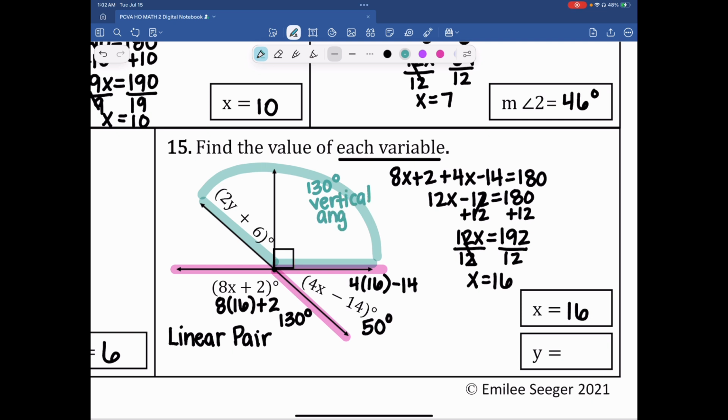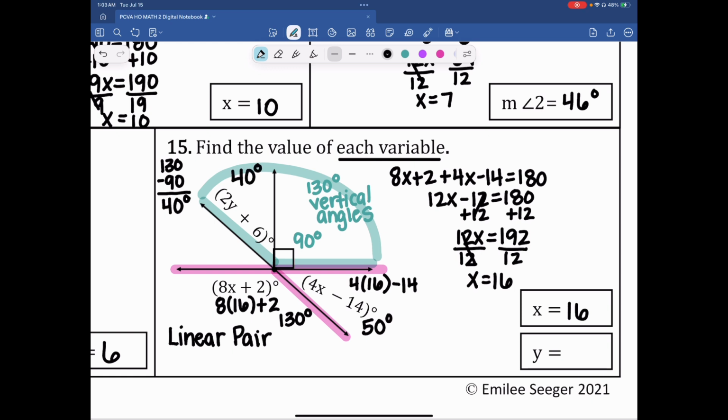And I can go ahead and subtract the 90, because I know that this is 90 degrees. So over here, I can say 130 minus 90. That's going to leave me with 40 degrees. So I know that this is 40 degrees.